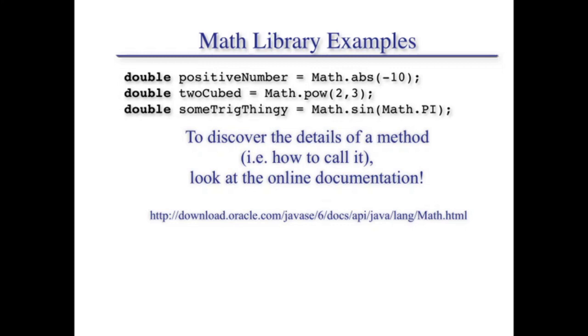Then the absolute value of minus 10 is taken, and that is assigned to the variable on the left side of the equal to sign. Like in our example, double positiveNumber = Math.abs(-10). So the abs function of the Math library will return 10, and this 10 will be assigned to positiveNumber.